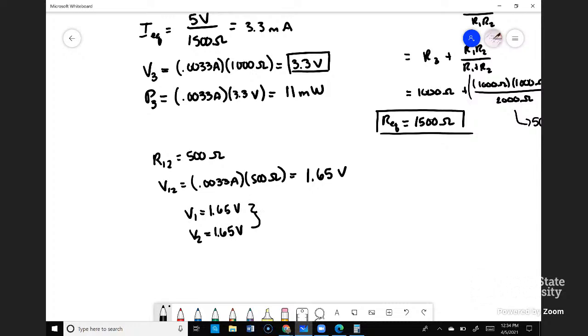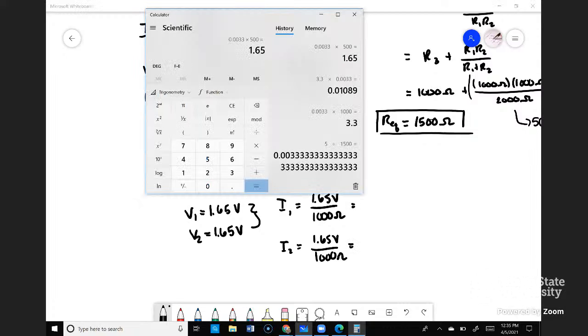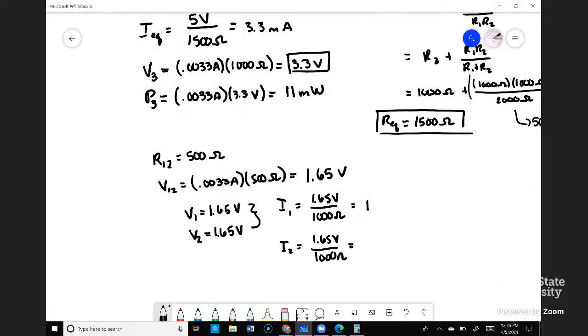That means that I1 is going to be 1.65 volts divided by 1,000 ohms, and I2 is going to be 1.65 volts divided by 1,000 ohms. Okay, and so that is 1.65 milliamps.